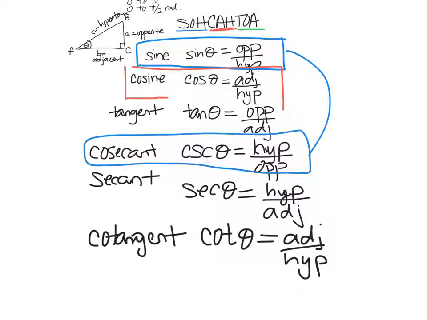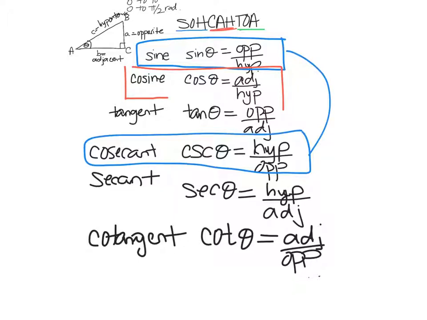Sorry about that. I need an eraser. Come on. Oh, I have to pick an eraser. That's not erasing. There we go. Thank you. The last one is wrong. It's adjacent over opposite. Oopsie. Oh, oops. No. What am I doing?